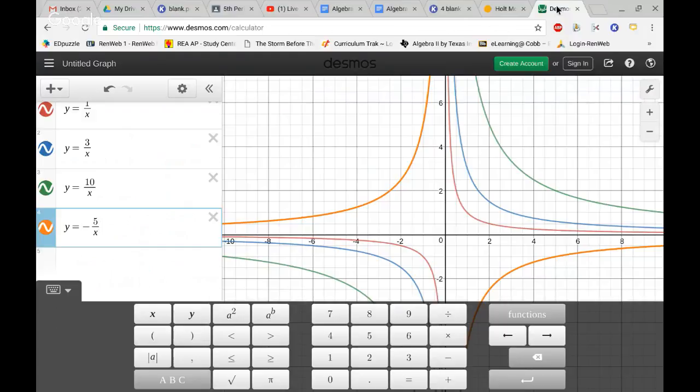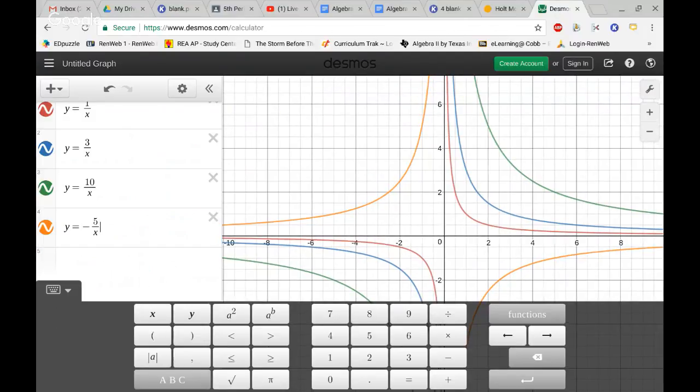So if I plugged in -1, I would have -1 and 5. If I didn't say negative on that first one, I meant to. If I plugged in 1, it would be 1 and -5. If I plugged in 10, it would be 10 and -1/2. So that would be on this side over here.